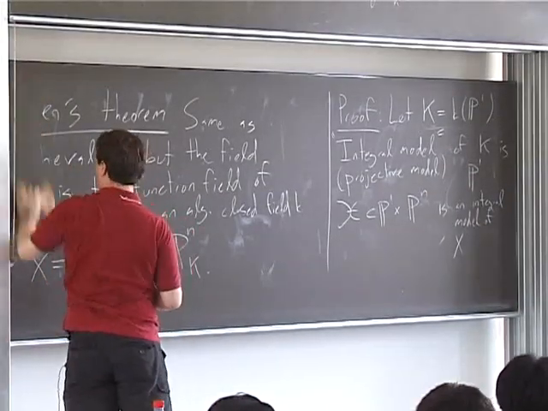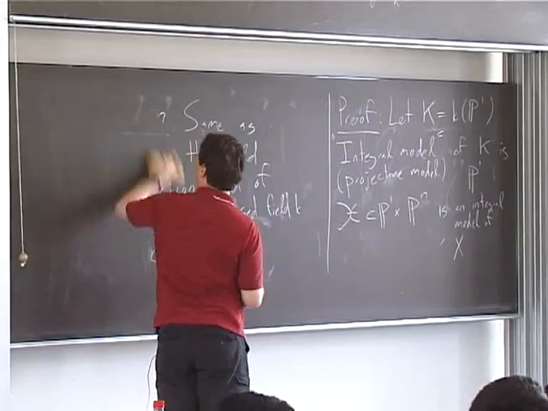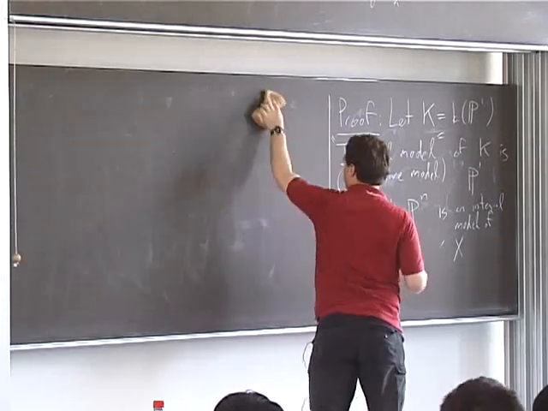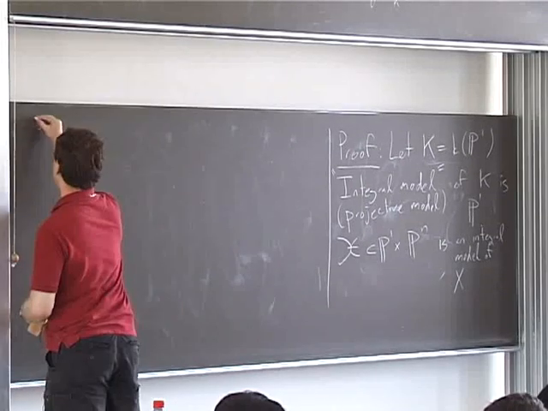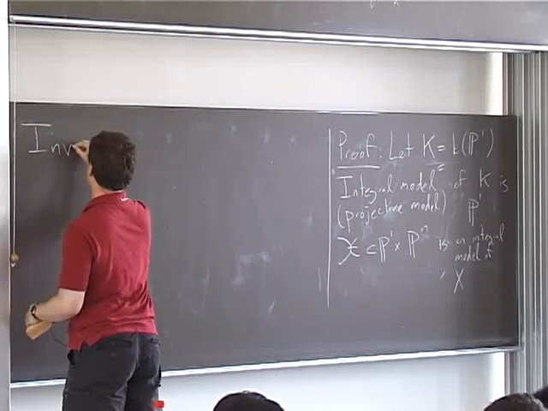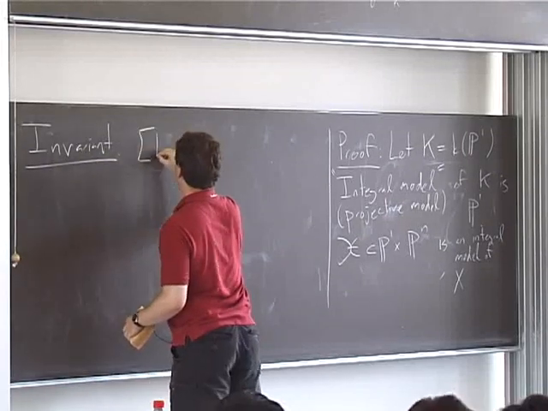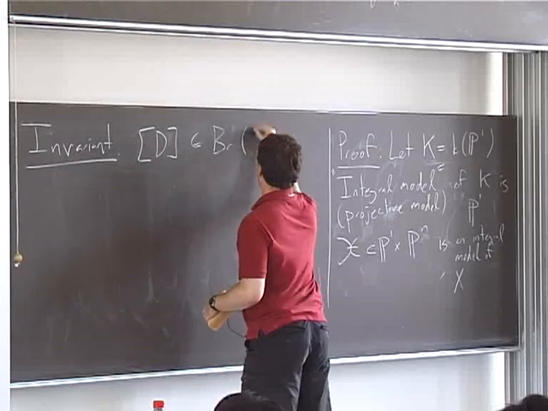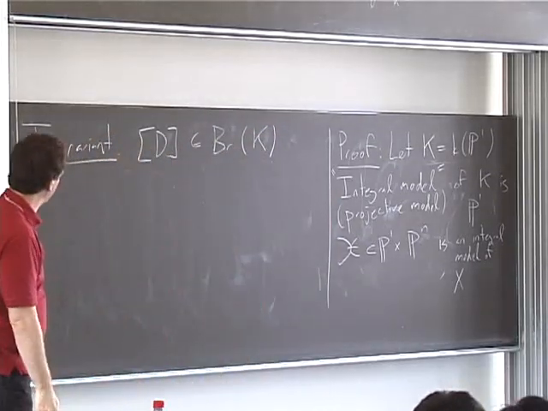Then there's, of course, another invariant. Actually, you don't need this other invariant for what I'm about to do, but let me mention it because I'm going to talk about a generalization of this. The index is one invariant, but there's another: we can take the equivalence class of this division algebra inside the Brauer group of the field. This is a torsion group, so every element has finite order.